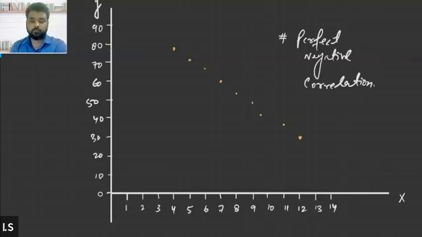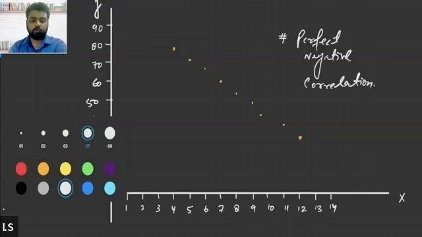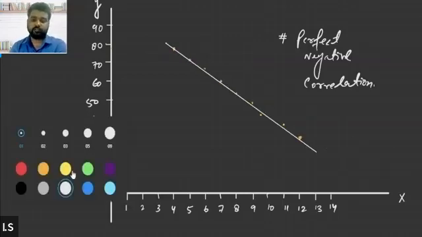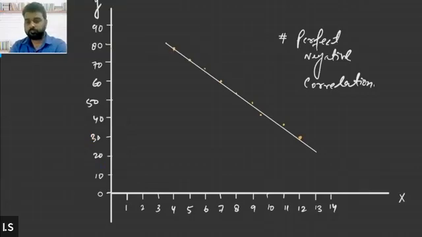If you wish, you can also draw a line passing through all these dots. It is difficult for me to draw a straight line here on the writing pad, but I'm sure you can do it on the notebook using a scale. This kind of straight line will be formed, right, Alexander? Yes, sir. So this is what we call a scatter diagram.